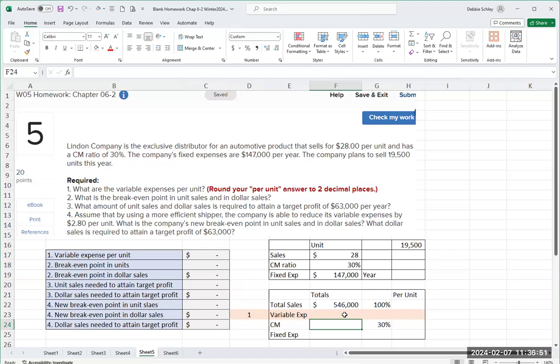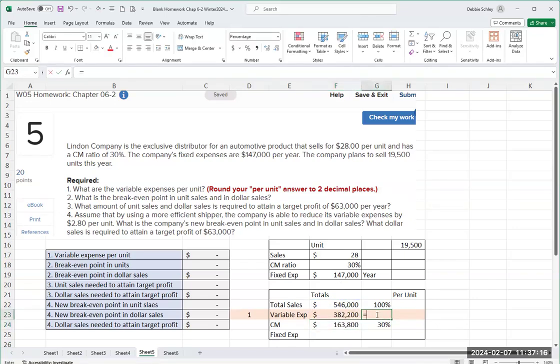Although, okay, I'm going to finish what I'm doing and then I'm going to show you an easier way. So if I want to, I can take sales times 30%, right? So that's contribution margin ratio. And then subtract total sales minus contribution margin equals.